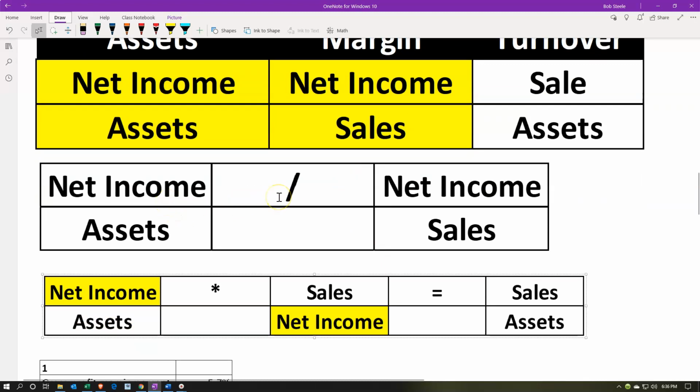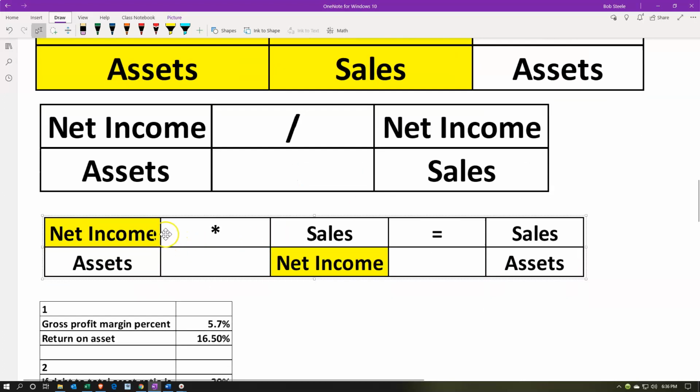The way to divide them is to convert this to a multiplication problem, taking the reciprocal of the second fraction. So we have income over assets times the reciprocal, sales over net income. Now the net incomes will cancel out, so this equals sales divided by assets.